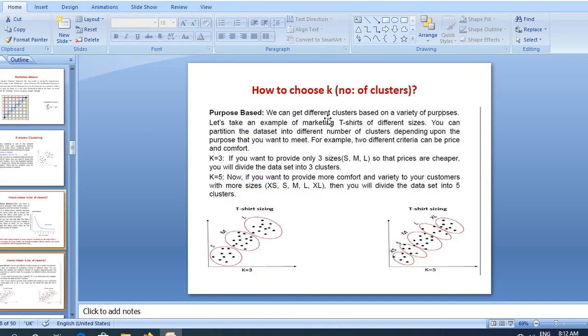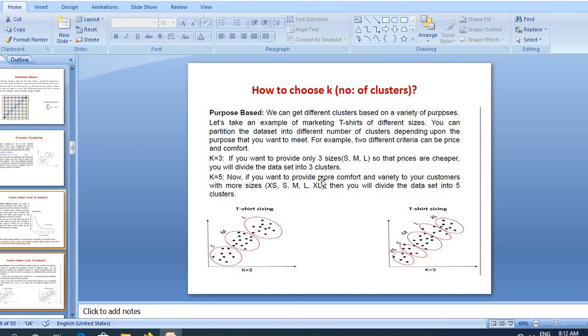Otherwise, choosing k can be purpose based. For example, if you want to market t-shirts of different sizes. If you have just 3 sizes, S, M and L, there will be just 3 clusters.